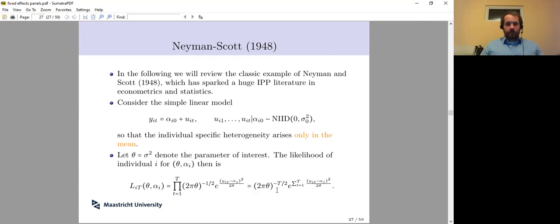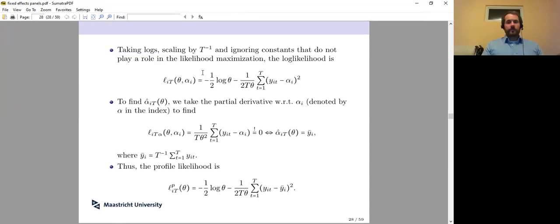Okay, this gives us this expression here. So nothing changes. This one turns into a t, and the exponential function simply gets this summation here. Now, of this expression here, we will now take the log and we will divide that expression by t, which gives us this expression here, the log likelihood.